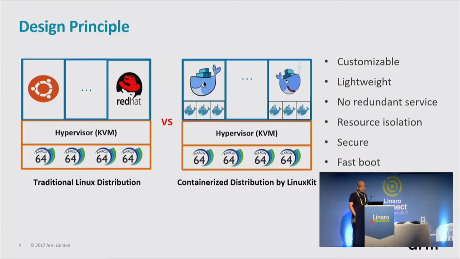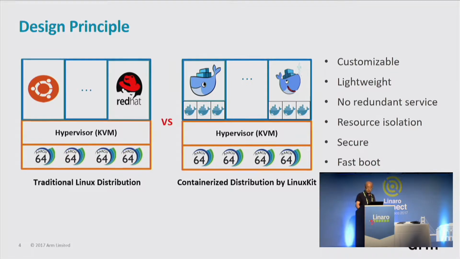In that layer, we can see that the LinuxKit system is constructed based on containers. In that layer, each icon stands for a standalone container. So that means everything in the LinuxKit can be replaced or removed.